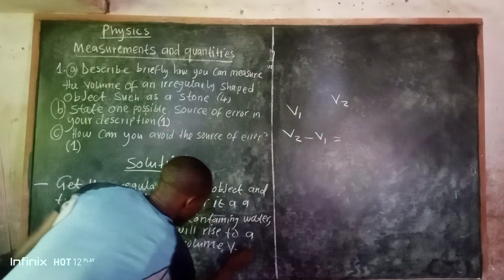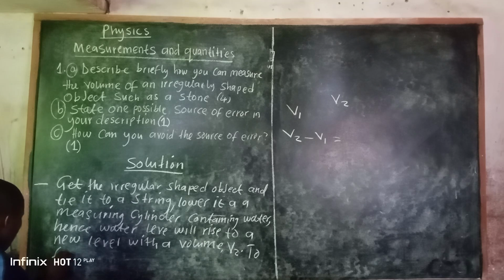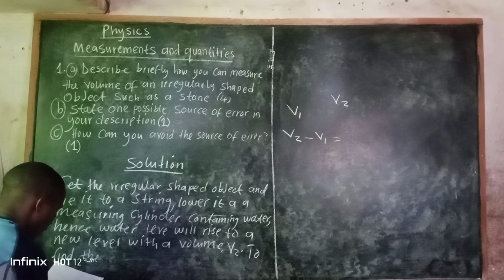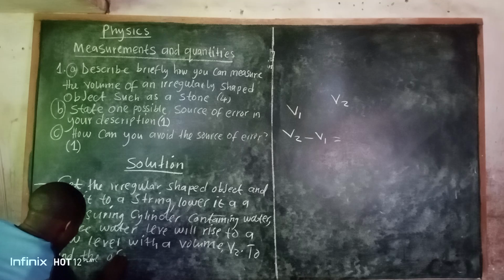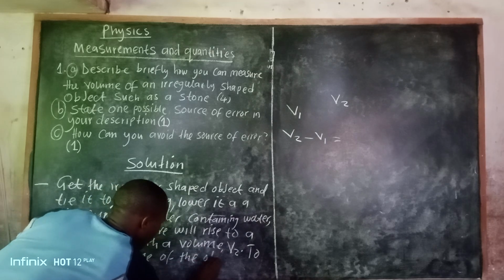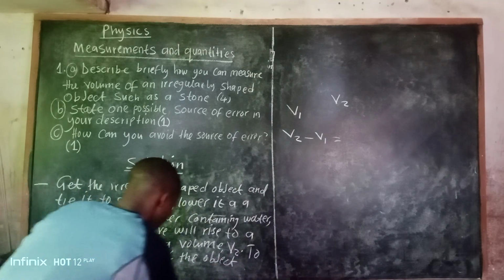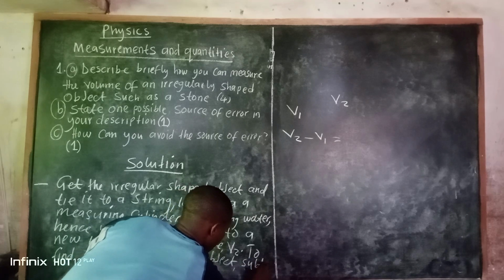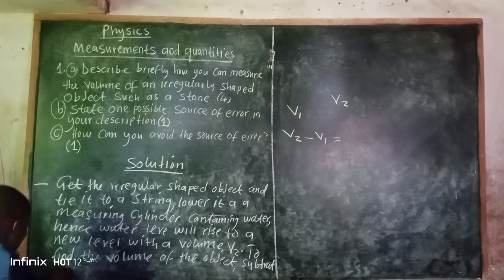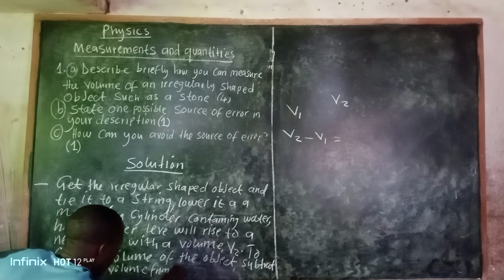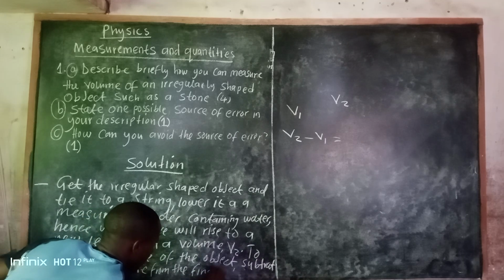So now, in your description, to find the volume of the object, subtract the initial volume from the final volume.